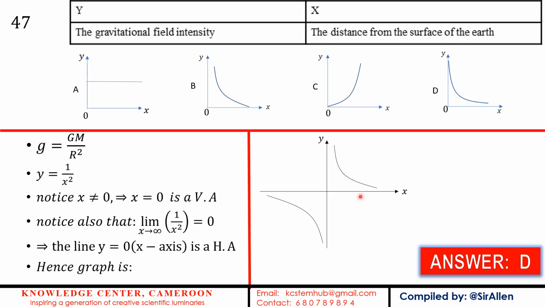So this is actually how the graph looks. This is a graph of y equals 1 over x squared. So you have the y-axis and the x-axis as asymptotes, and the graph does not touch the x and y-axis like that. And that's why from the center of the earth you would have a straight line like this. Let me see if I can draw that. You would have a straight line if you were supposed to draw field intensity from the center of the earth. Notice that this is from the surface of the earth.